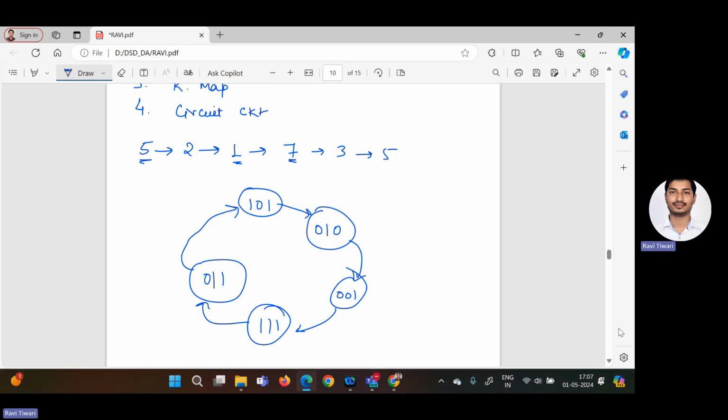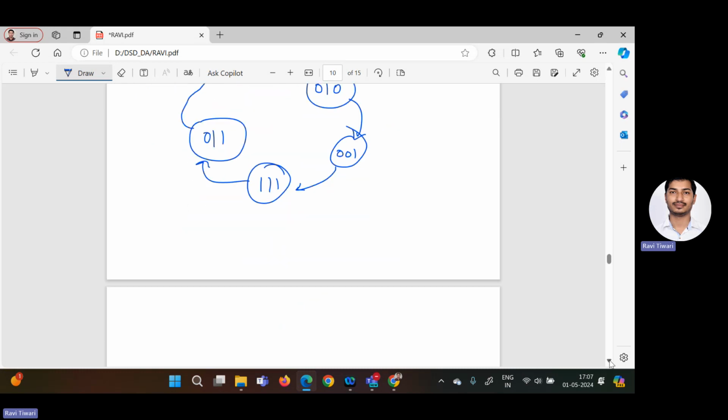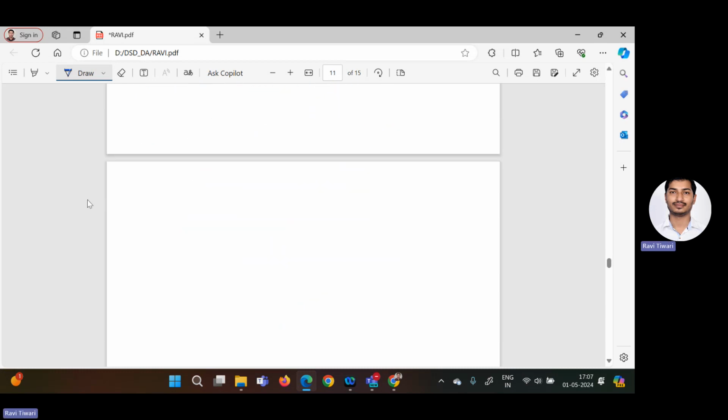Now, using this state diagram, we have to draw the state table. In the state table, we have basically 3 parameters. One is present state. Next is next state.